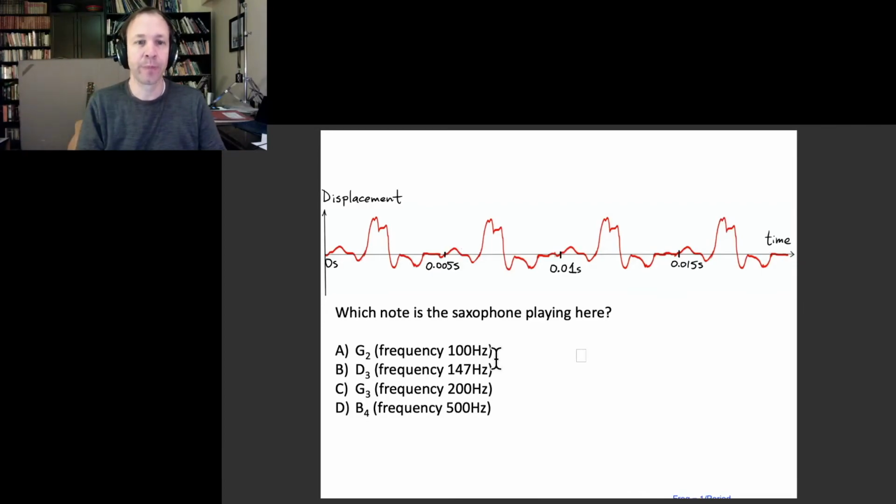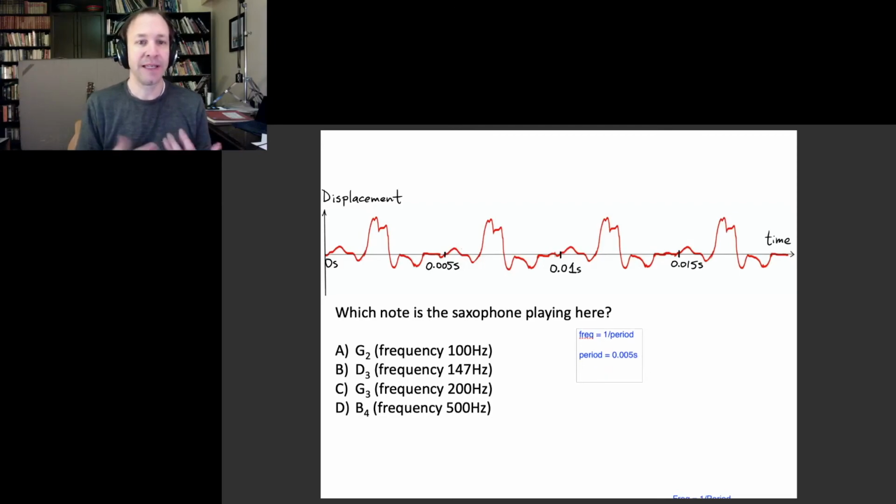And to answer this question, what we have to remember is that the frequency of a note is just related to its period by the relation that the frequency is the inverse of the period. And the period is something that we can easily read off from the graph. Okay, so the period is how long is it before the whole pattern repeats. And we see that that is, in this case, 0.005 seconds.